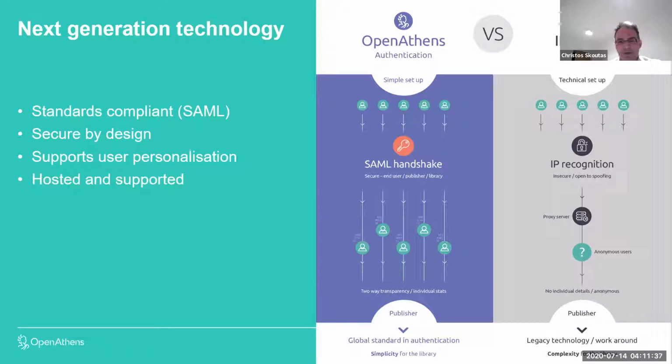I remember when I was working for publishers, anytime that there was some kind of misuse, we had to shut down, block the whole IP range. Then the whole institution was out without access for a few days until the librarians went and tried to figure out where the misuse was coming from.